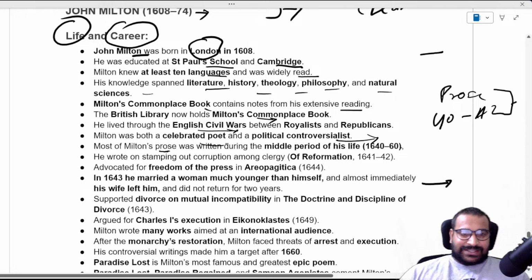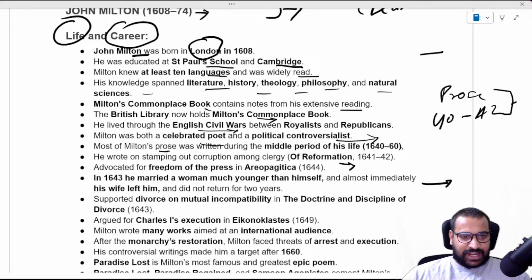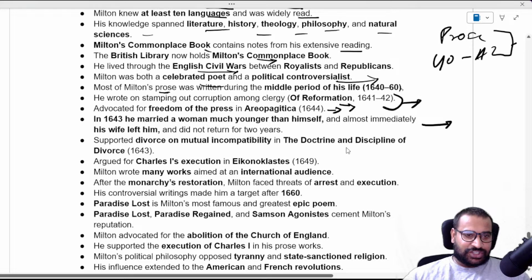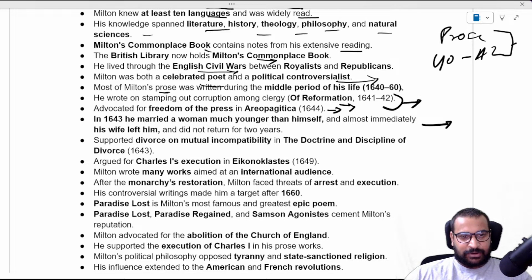He wrote on stamping out corruption among clergy, which is called Reformation, and then advocated for freedom of the press, Areopagitica. We all know these questions, they ask in your exam. And another important event happened that actually changed the way he thinks about the world.